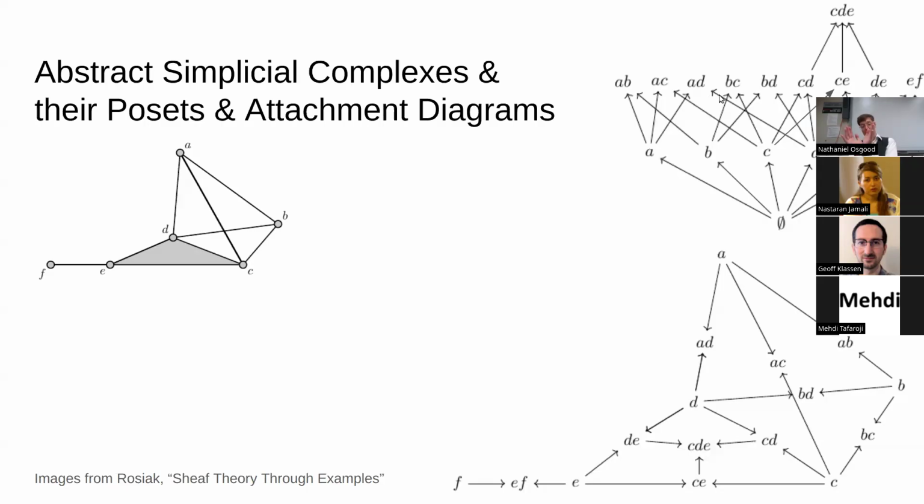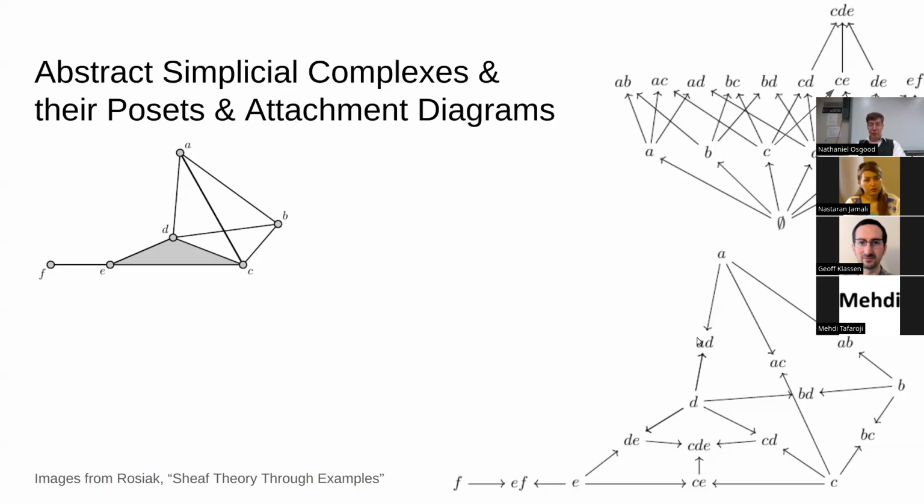You could almost think of it as kind of having a cone rising up above it, although it depends geometrically on where you lay things out. So for each simplex, we take its upset.